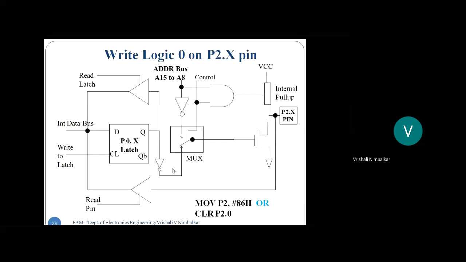But since in the manual the diagram is given like this, we have shown it like this. Okay, but in earlier diagrams, the multiplexer connection was coming from Q bar. Now the connection is coming from Q with an inverter. Logically, it's the same. But since in the manual it is shown like this, I have shown it like this too. Okay, that's the only change. The entire circuit is similar to port 0.